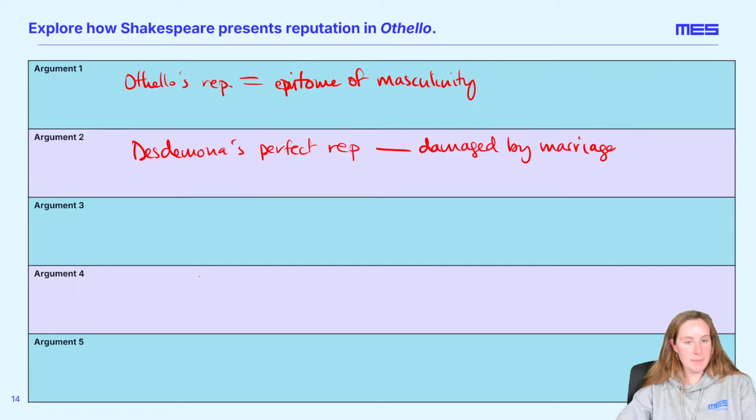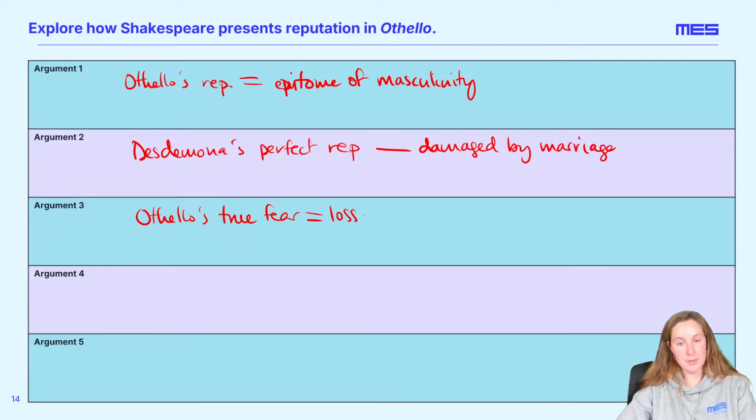We could also think about a paragraph in which Othello's true fear or anxiety is his loss of reputation. And this could be a paragraph where we think about his reaction to the cuckoldry, the violence, his insecurity, etc., because this is what he's worried about.